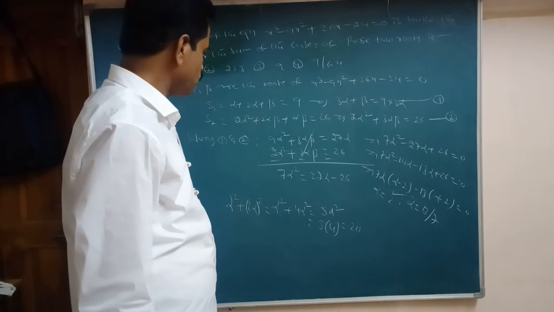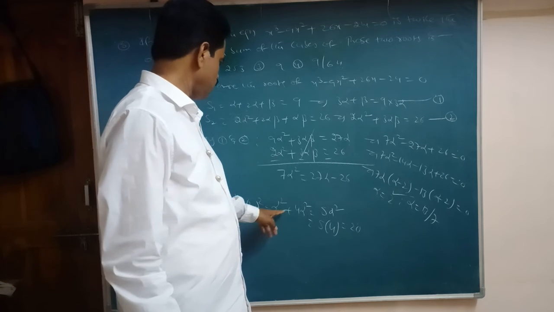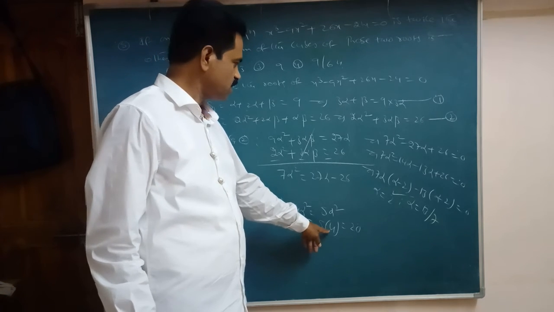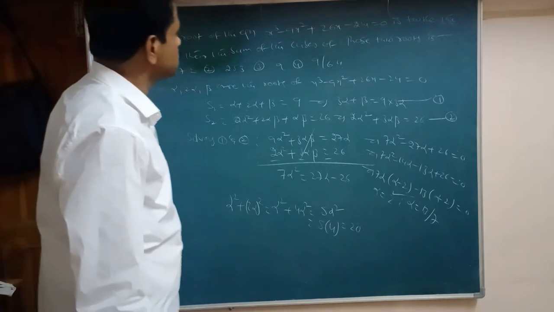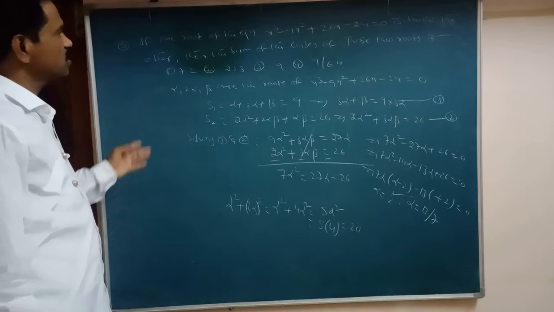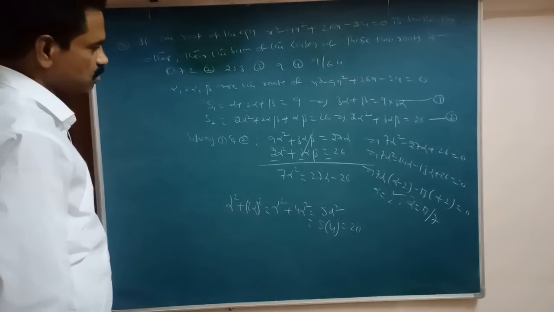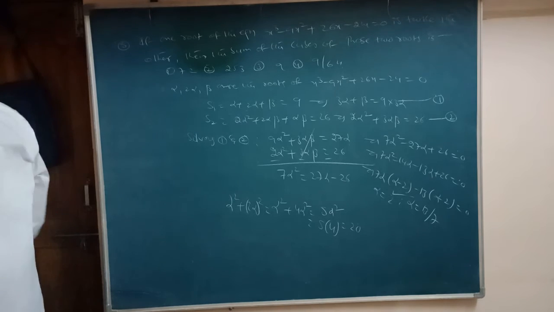Alpha square is 4, so it is 20. But what is the question? One root is given, and those two roots other than the sum of the roots. So alpha equal to 2. Once you check here the equation.